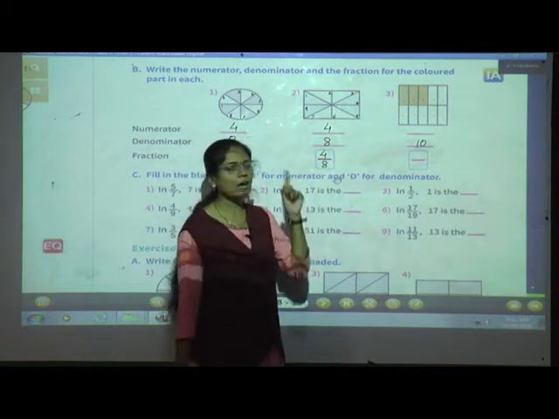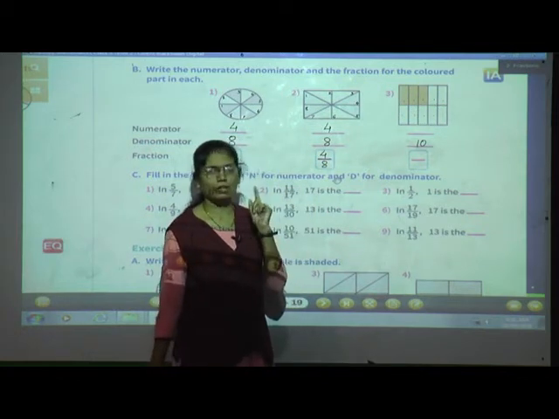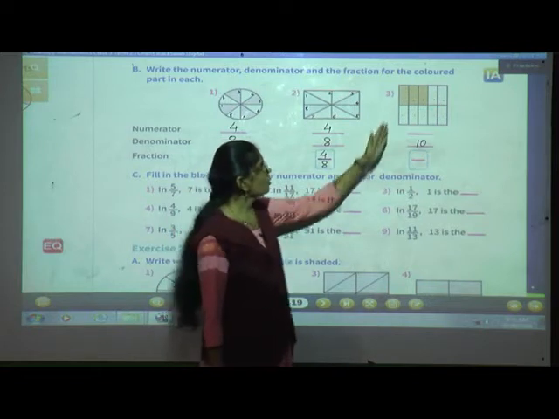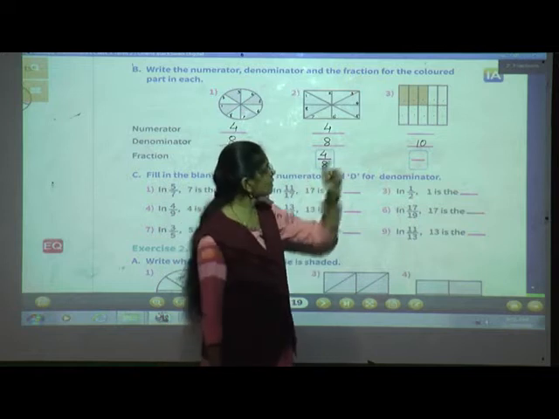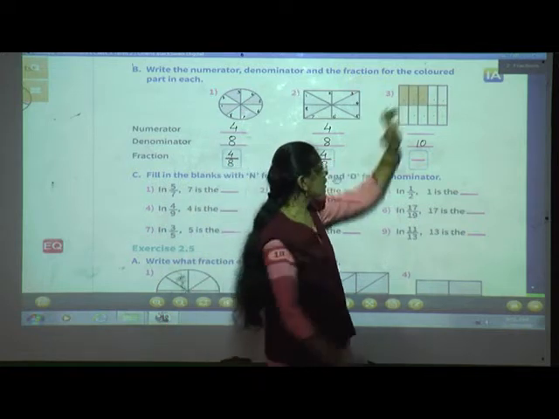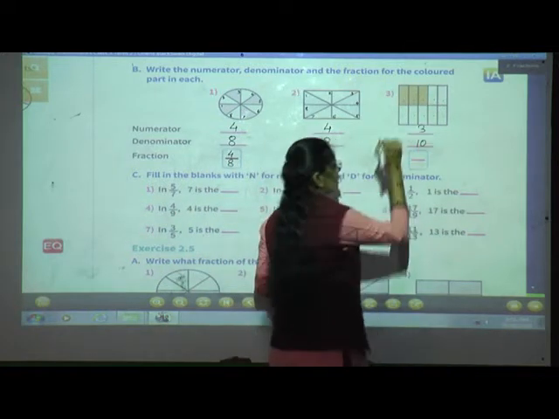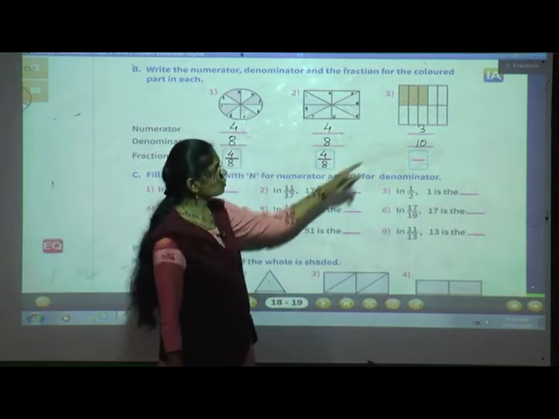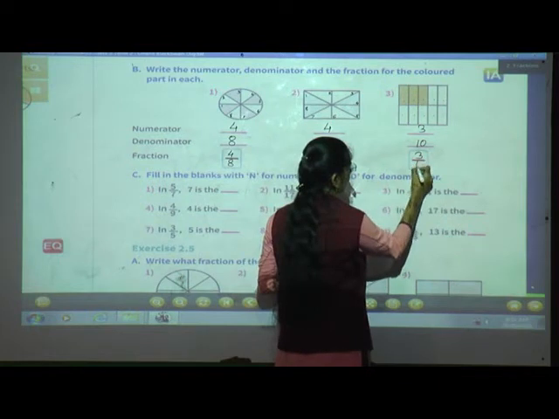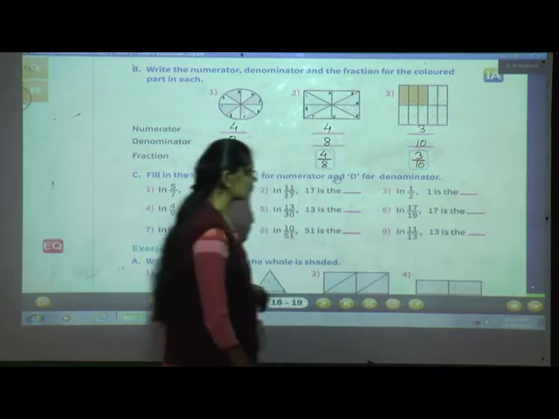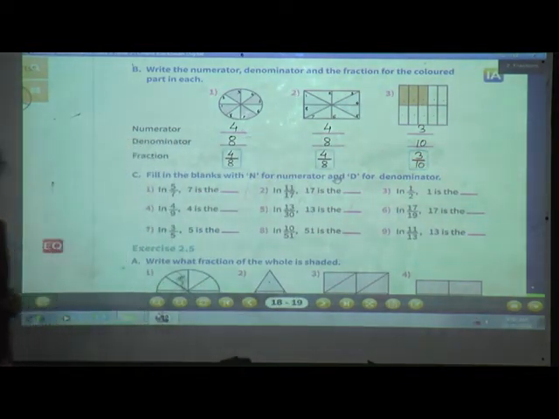Now how many parts are shaded? 3 parts are shaded. So here we'll write 3. Now write the fraction, 3 upon 10. So read this fraction, 3 by 10. Clear?